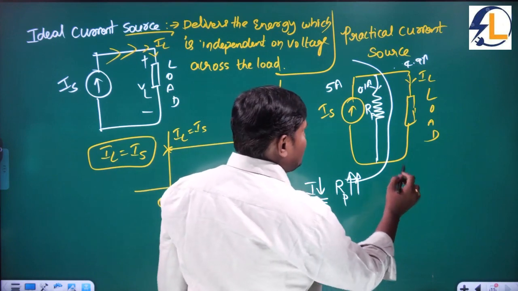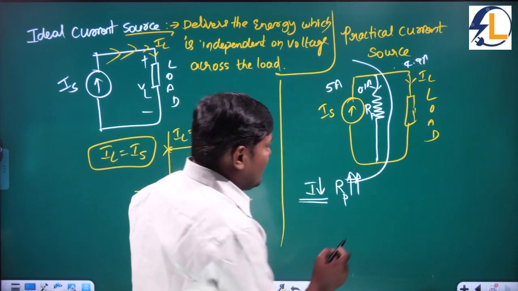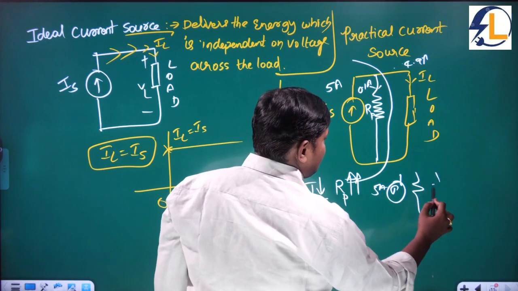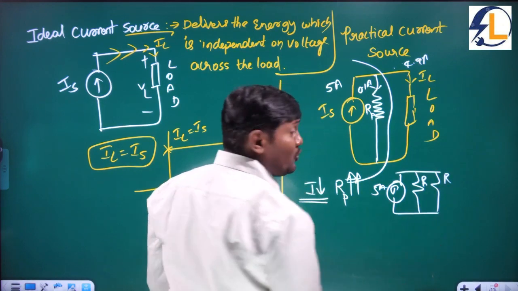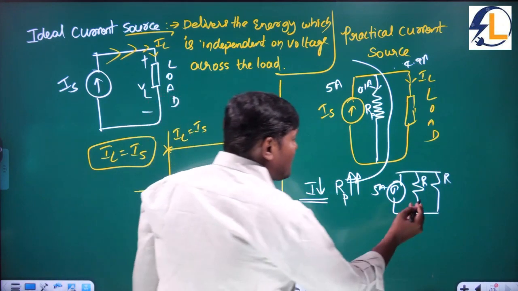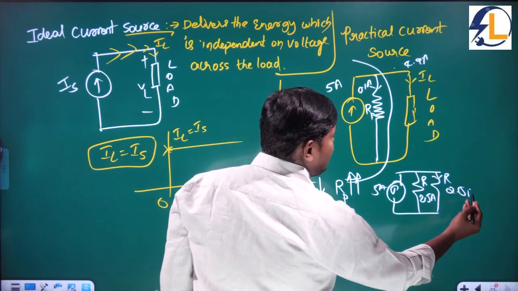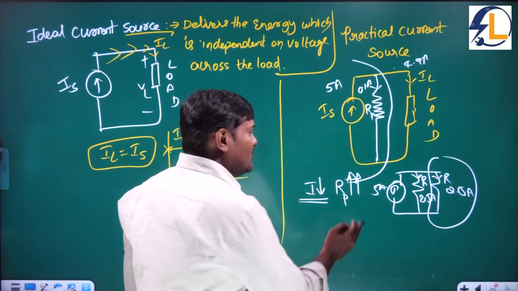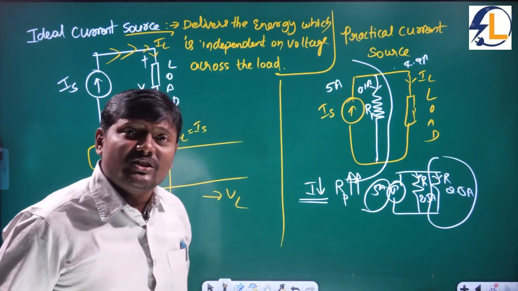Suppose you have equal values of resistance, R and R. See, I have 5 rupees in my pocket. If I give 2.5 amperes here and 2.5 amperes there, the output here is 2.5. So of the 5 rupees, how much is wasted?